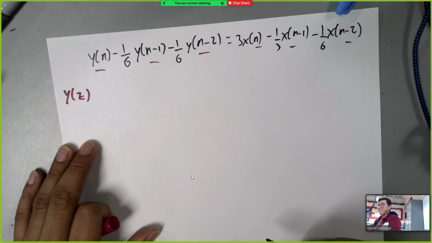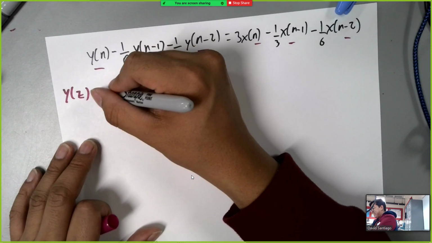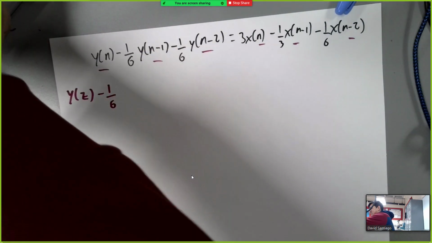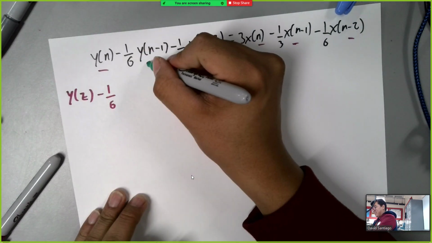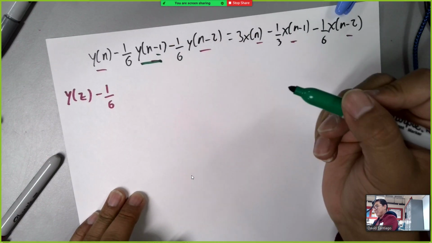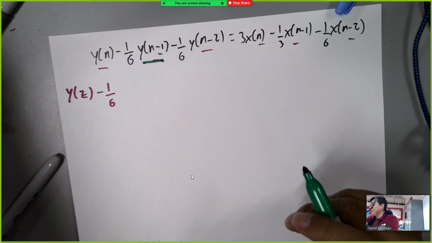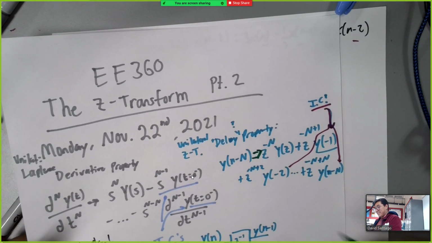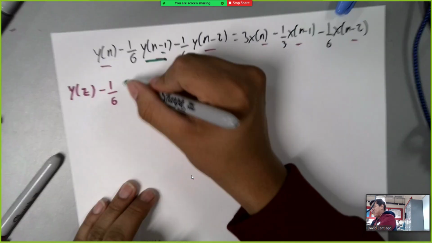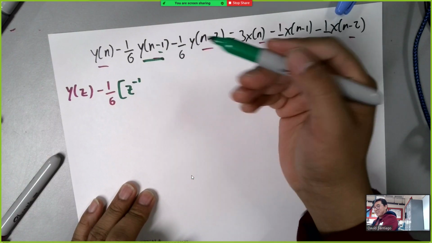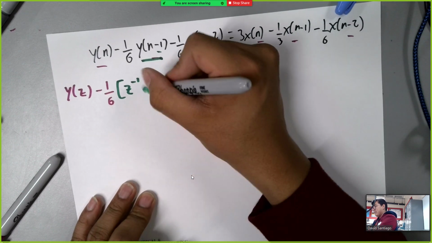Now, minus 1/6, and then this is where the fun starts. We're going to look at this term, okay? And since we have an n minus 1, following our little rule, we're going to do z to the minus 1, because that's our delay. That's the maximum delay right there.